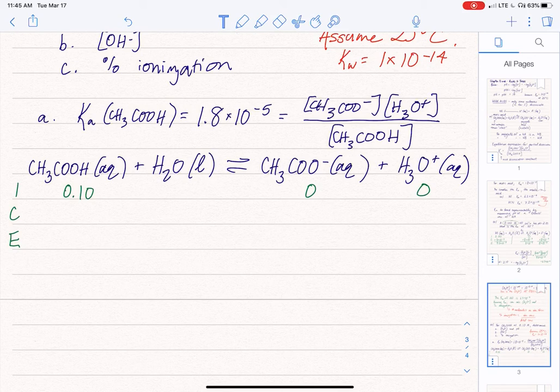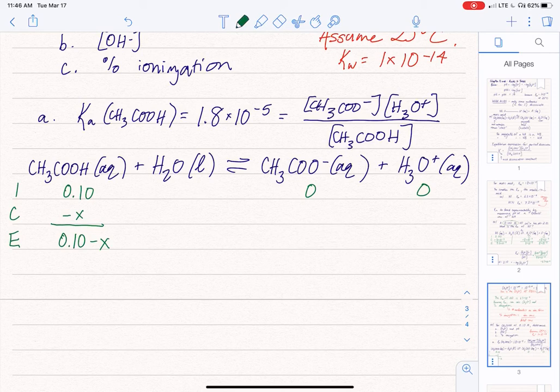So what do we know? Well, not much at the moment. We know that we have an initial concentration of 0.10 molar acetic acid. The rest is going to be variable at this point because we don't know how much it's going to dissociate, so I'm just going to put the change as minus x. There's an equimolar stoichiometry here: I get 1 mole of acetate for every mole of acetic acid that dissociates.